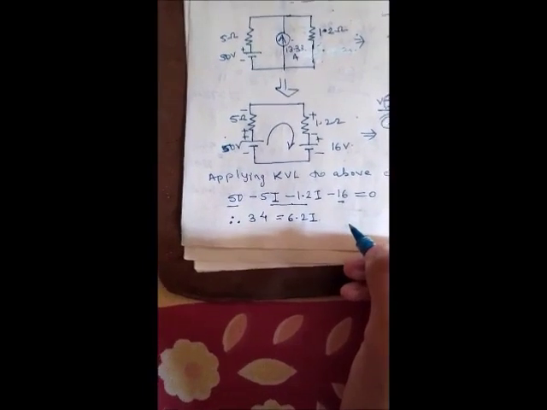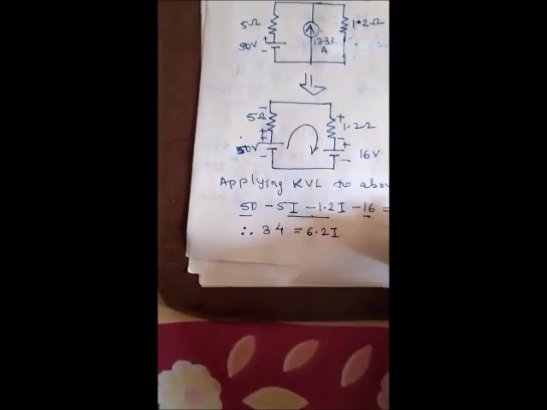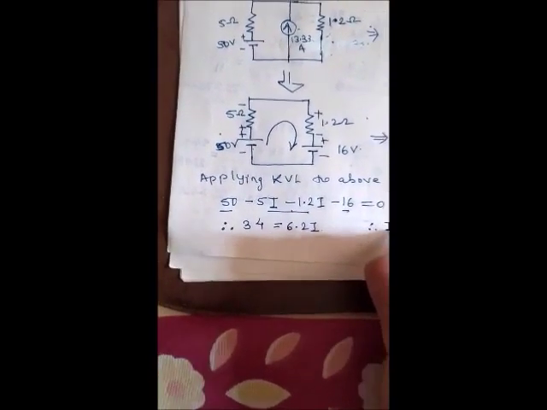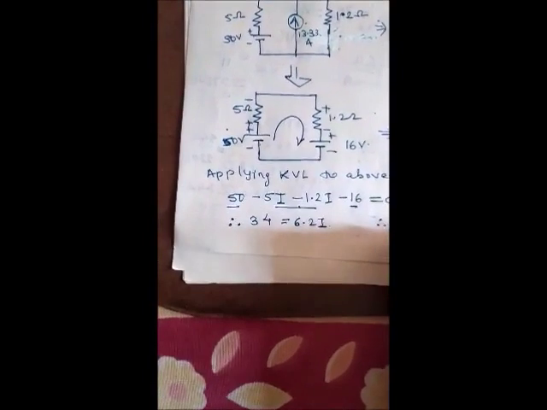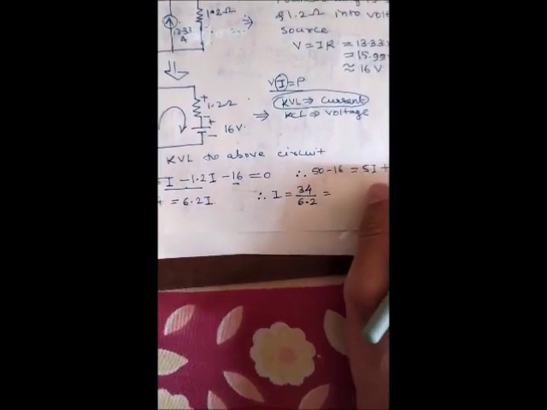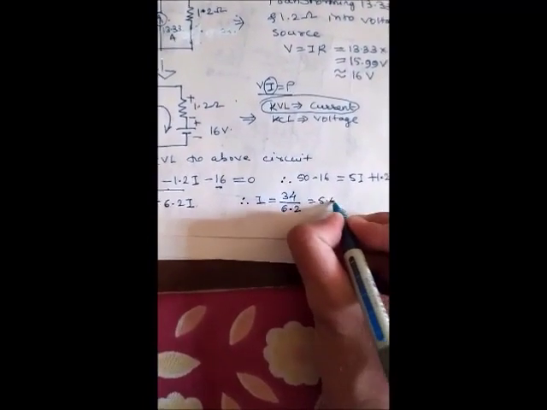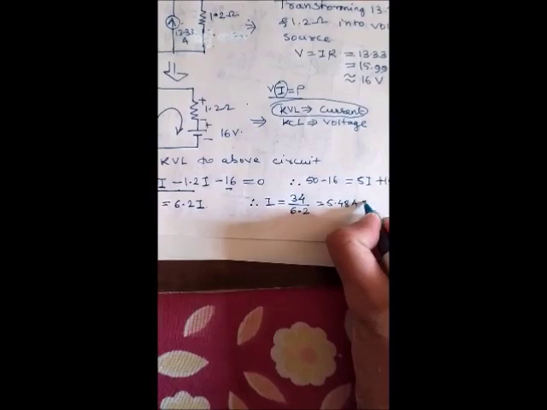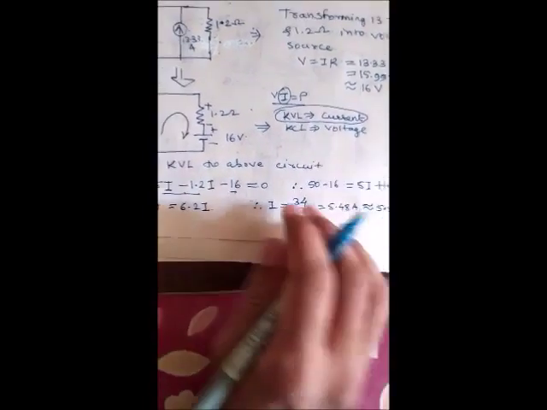Correct? Addition of these terms is 6.2I. Therefore I equals 34 divided by 6.2, so you will get the current as 5.48 ampere. I will take it approximately equal to 5.5 ampere.